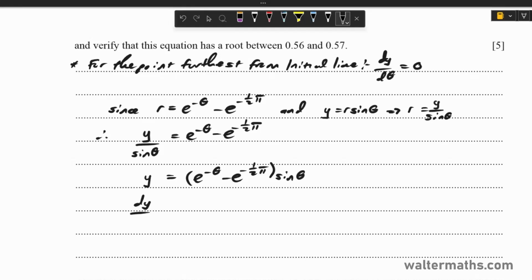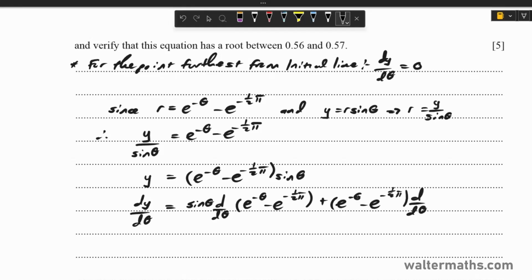So dy by d theta is equal to, and we're now doing a differentiation of products. So it is going to be sine theta times the derivative with respect to theta of e to the minus theta minus e to the minus of a half pi, and that's plus e to the minus theta minus e to the minus of a half pi times the derivative with respect to theta of sine theta.